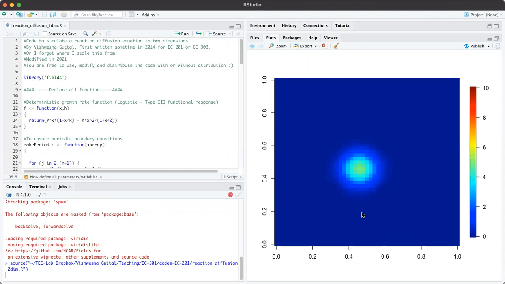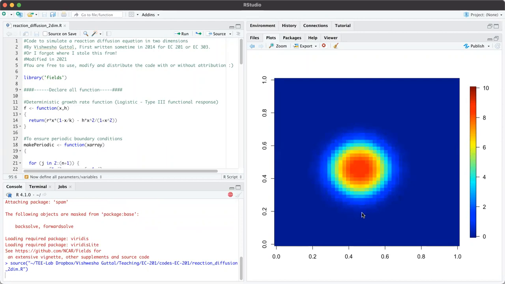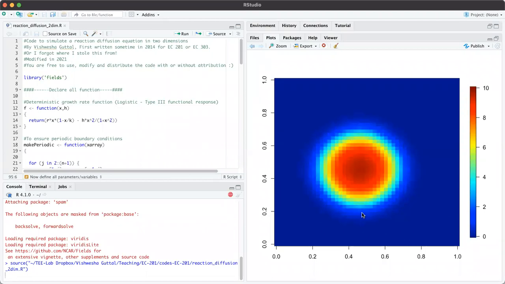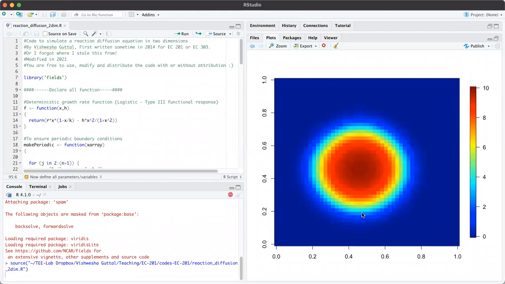Initially, what happened? It actually went down. Why did it go down? Because of diffusion. I told you about this trade-off between the spread and the local growth, right? Initially, it actually decayed and it spread out. And then it grew back again in the center.